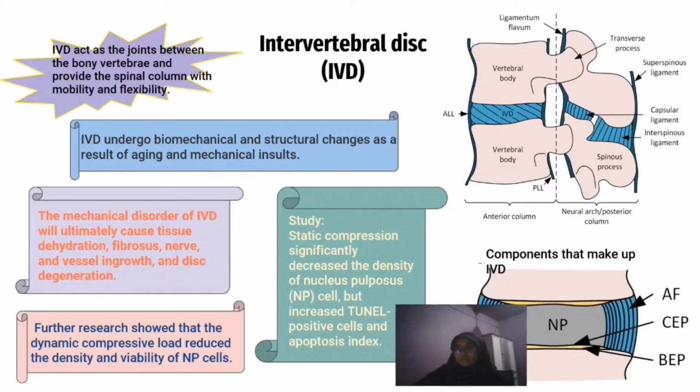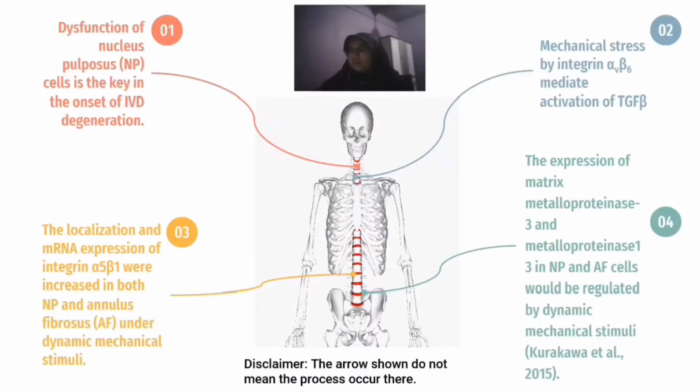A study by Kuo in 2014 stated that static compression significantly decreased the density of nucleus pulposus cells but increased terminal deoxynucleotidyl transferase positive cells and the apoptosis index. Further research showed that dynamic compressive load reduced the density and viability of nucleus pulposus cells. Dysfunction of nucleus pulposus cells is the key in the onset of intervertebral disc degeneration.